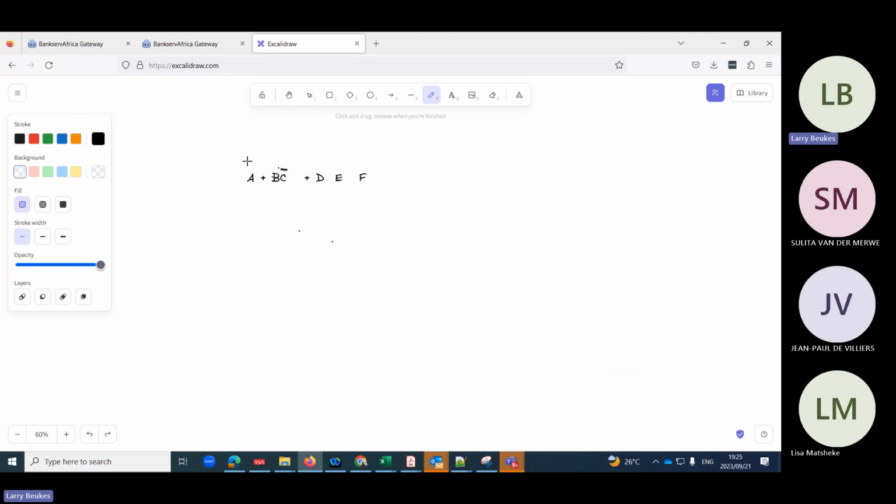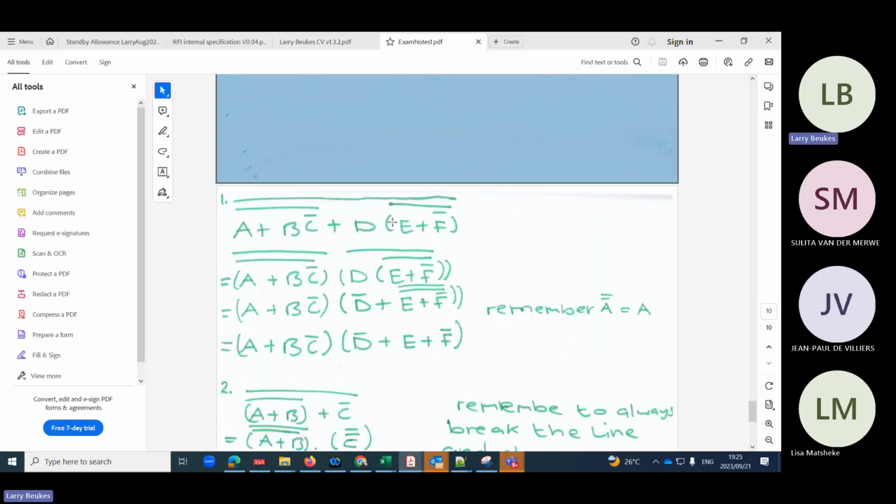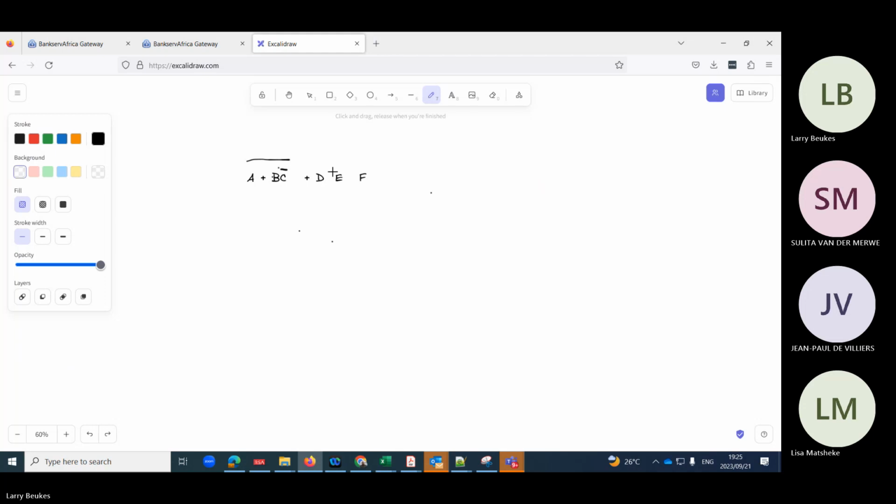I think you will understand it better if we do this one like this. Then D, E and F in its own bracket, and F naught. E and F, I think it's a plus here, in its own bracket and complemented.